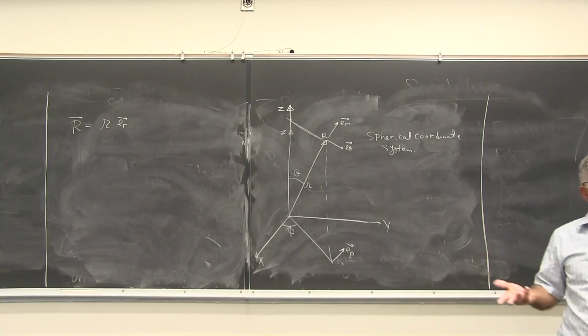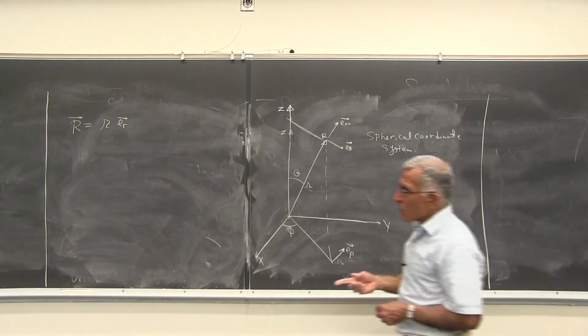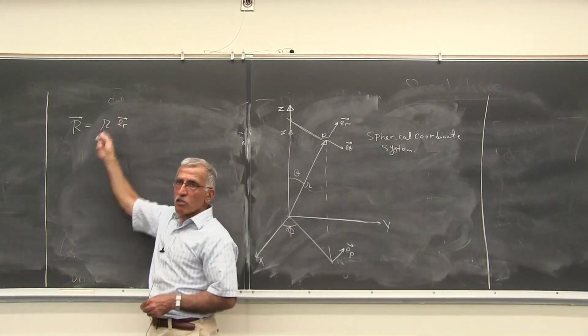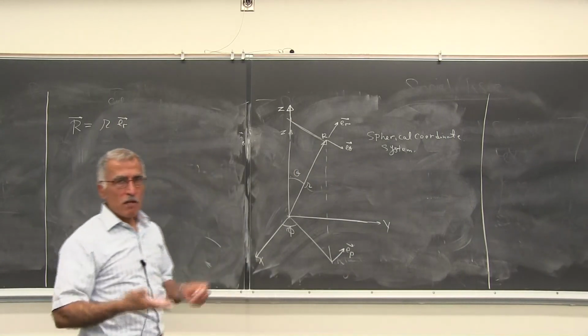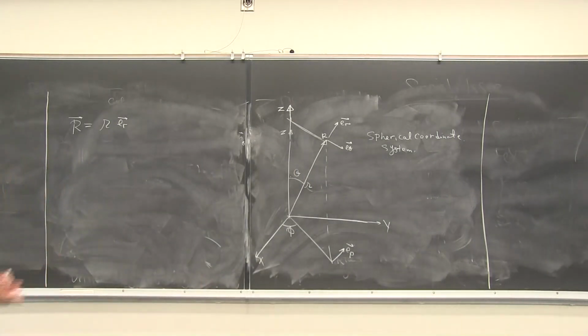The reason they don't appear is that this e_r is already a function of theta and phi. So you don't have to worry about it. The r is the length of the vector, and e_r is the unit vector. So don't say, how come this is not a function of theta? It is a function, but you don't see it.